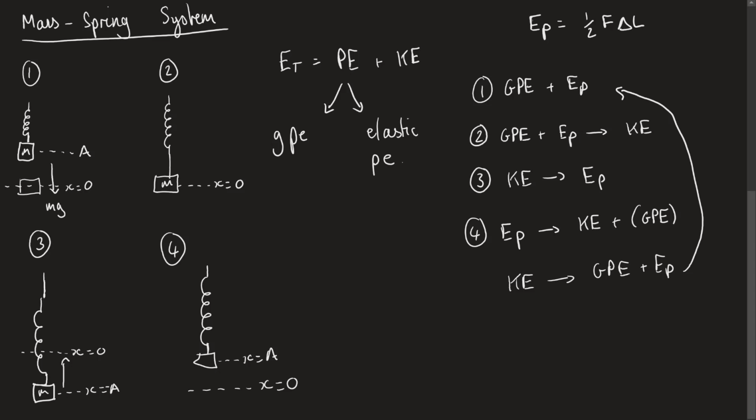So at the center point, all of its energy is due to the gravitational potential energy and the kinetic energy. As soon as it falls to the bottom, to the minimum of the amplitude, all of its kinetic energy and gravitational potential energy has fully gone into elastic potential energy. Then when it starts rising back up, its elastic potential changes back into gravitational potential and kinetic, and when it gets back up to the top, it goes back to being fully gravitational potential and elastic potential.